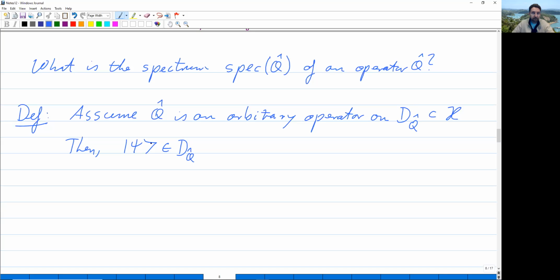Then a vector on which our operator Q hat can act is called an eigenvector.